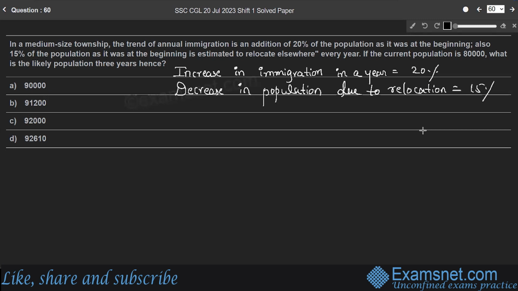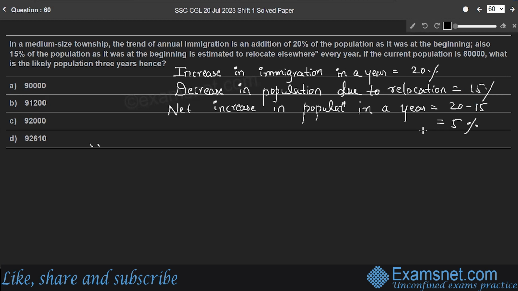Therefore, net increase in population in the town in a year, every year net increase in population is 20 minus 15, it is 5%.